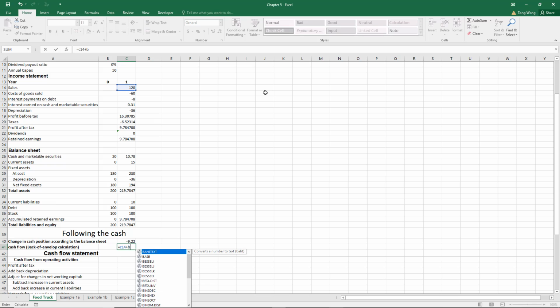So let's see, 15, and then you have to pay your interest. Then you earn interest, and then depreciation is not cash, so we skip that. And also, you have to pay tax. And you also need to pay dividend in general. Here is 0. Okay.